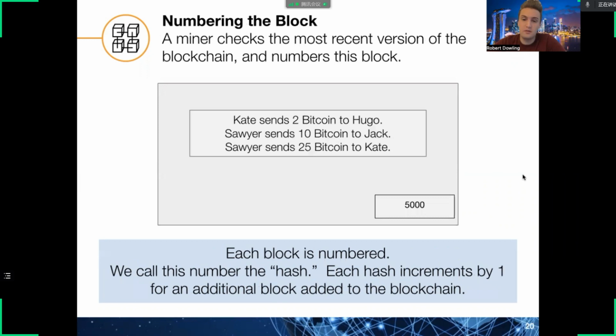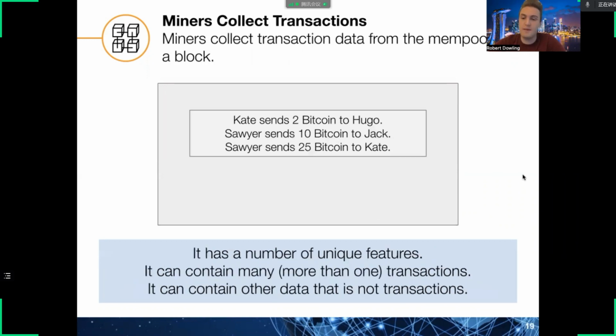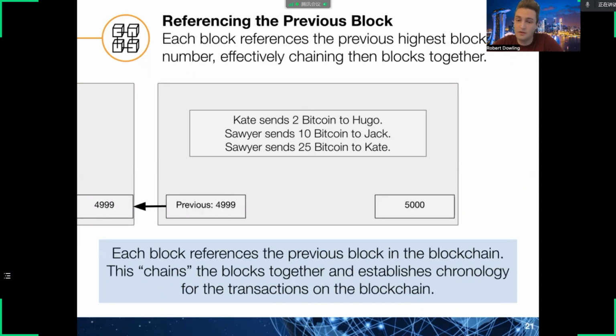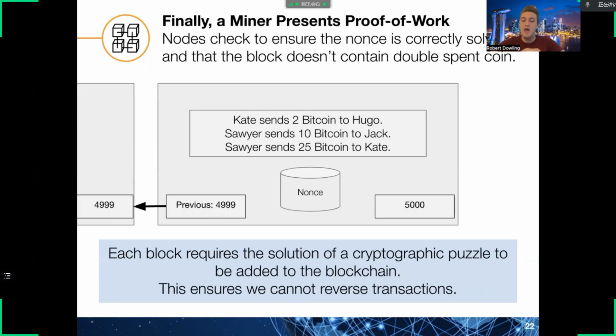Then the miner takes that transaction from the mempool and puts it in a block, which again is just a bit of memory. There's a process to hash the block, which basically gives it its chronological order, but that's beyond the scope of this talk. It references the previous block, which is basically the highest numbered block that it could find, and then it solves the nonce.